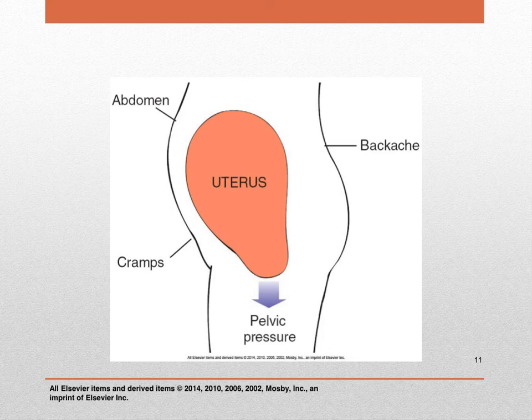contractions, you need to make sure or instruct her to empty her bladder and drink 3 to 4 glasses of water. She needs to lie down almost tilted on her side with some back support. And then she's going to count her contractions. If she is having contractions, they're going to be regular, frequent, and they're going to feel hard.